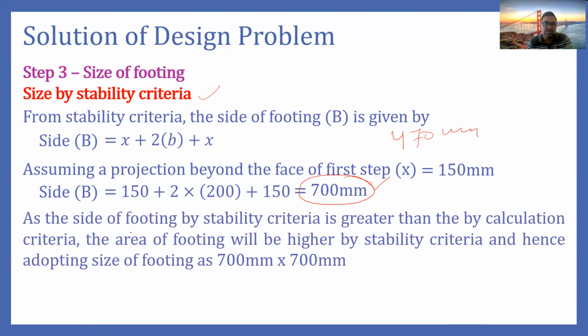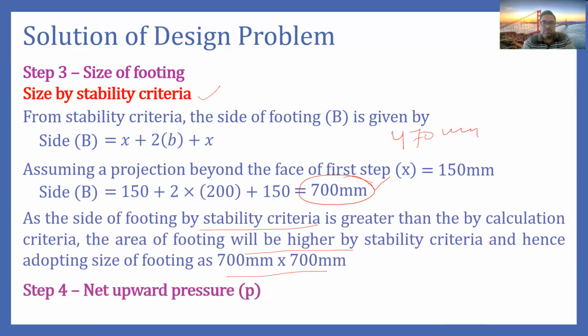As I have written here, as the side of footing by stability criteria is greater than by calculation criteria, the area of footing will be higher by stability criteria, and hence adopting the size of footing as 700 by 700 mm. Now moving to the next step, in which we have to find out net upward pressure.